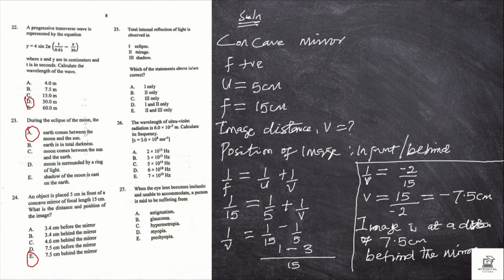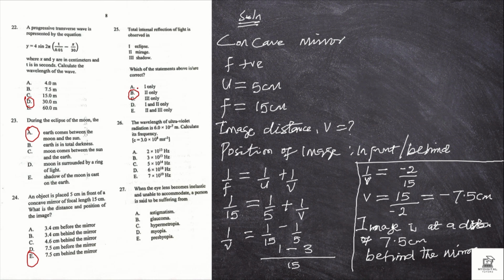The correct answer here is option B, which is 2 only. Mirage is the natural effect of total internal reflection of light, which is an optical illusion that occurs during the hot day. When you are traveling during the hot day, the distance before you seems as if there's a pool of water in front of you.